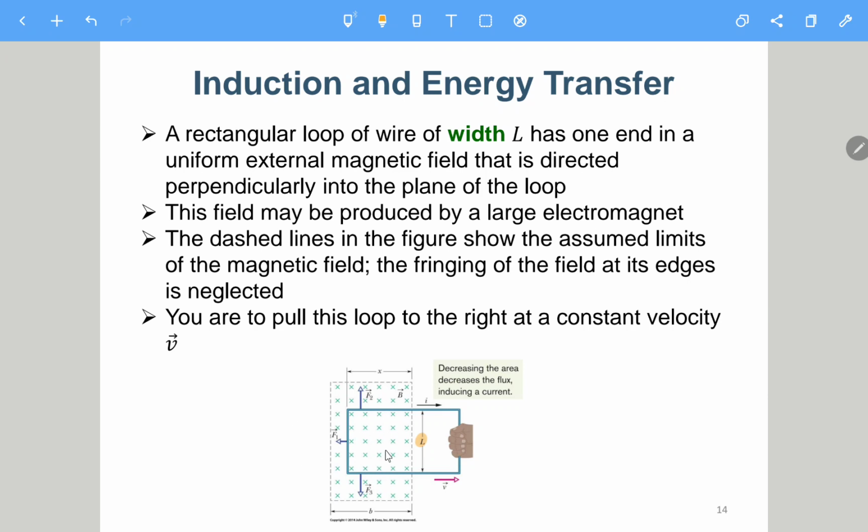It has one end in a uniform external magnetic field that is directed perpendicular into the plane of the loop. You can see this green cross means the B field is pointing into the page. We are grabbing the loop and trying to pull it to the right side.